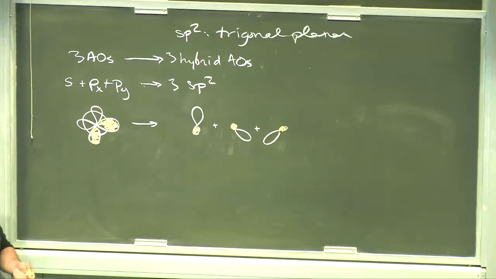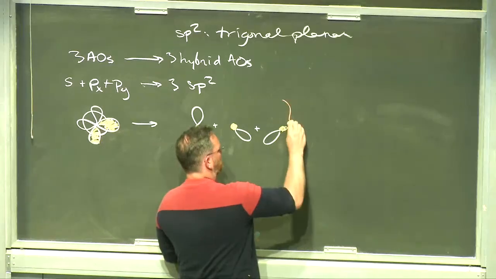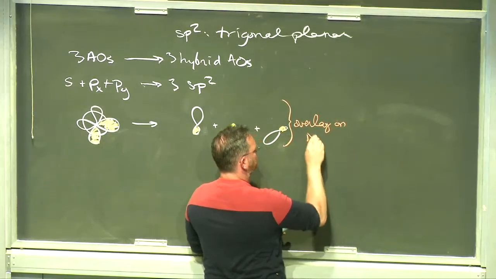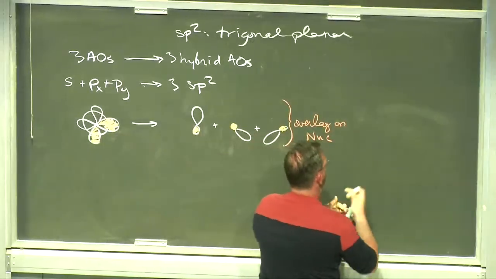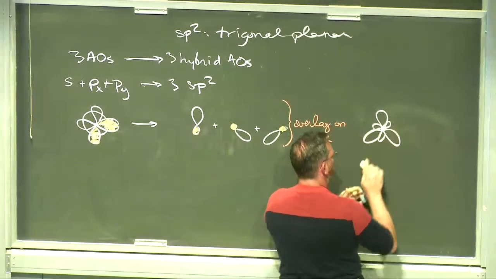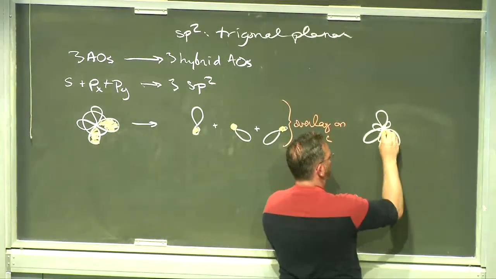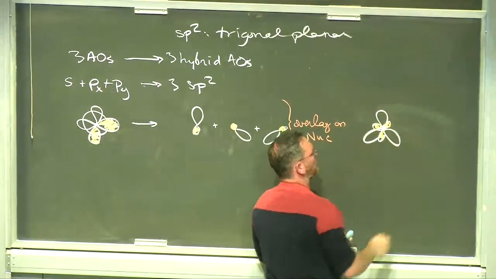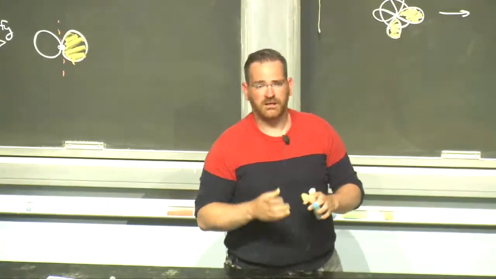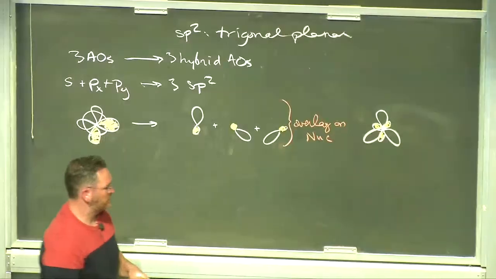Now, if you recenter those on the same nucleus, overlay it on the nucleus, you get your trigonal planar shape, where your larger electron density for that orbital is pointing towards your electron domains.